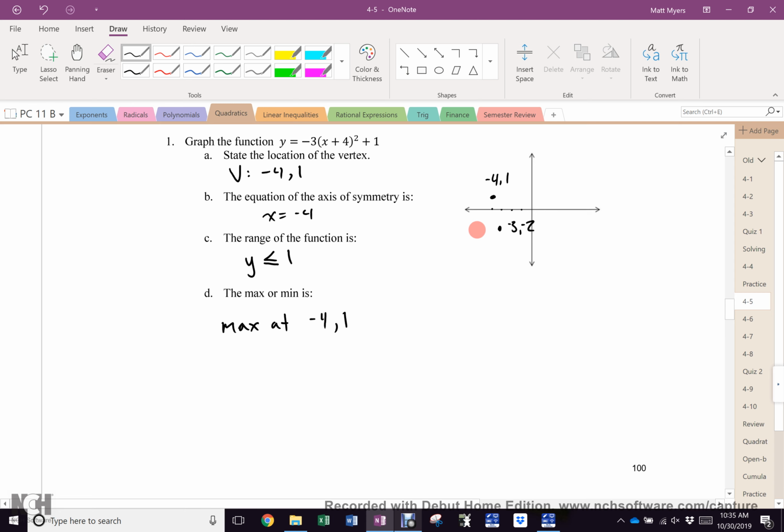What is this point automatically? -5, -2. When I go over 2, how far down do I go? 12. So I'm down here at -2, -11. What is this point automatically over here? -6, -11.